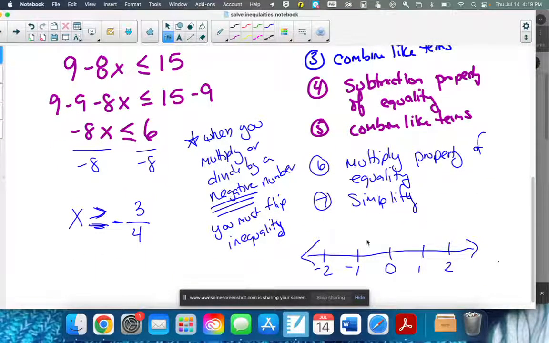All right, so -3/4 is somewhere between 0 and -1. Okay, and I need a closed circle. So somewhere between 0 and -1. Okay, and then all my correct answers, all my x's need to be bigger than -3/4. So I have to go to the positive side.